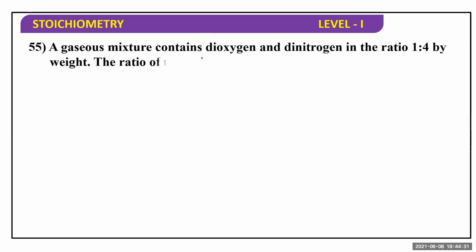A gaseous mixture contains dioxygen and dinitrogen in the ratio of 1:4 by weight. The ratio of their number of molecules is, which one is the correct?